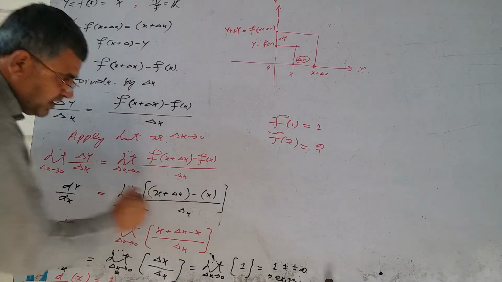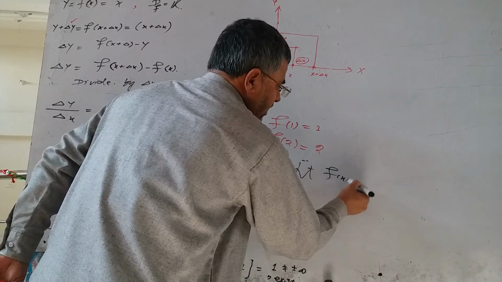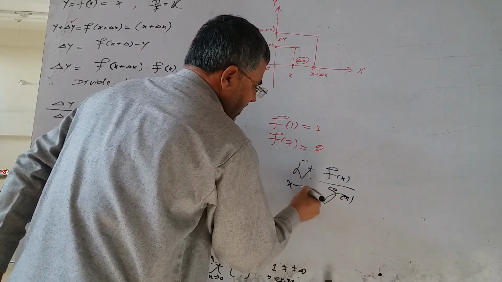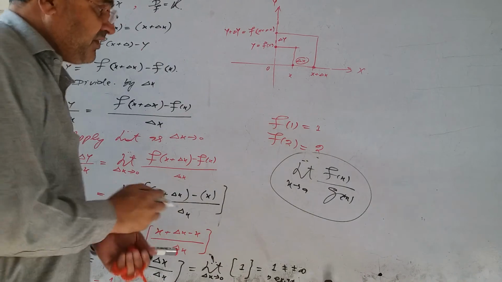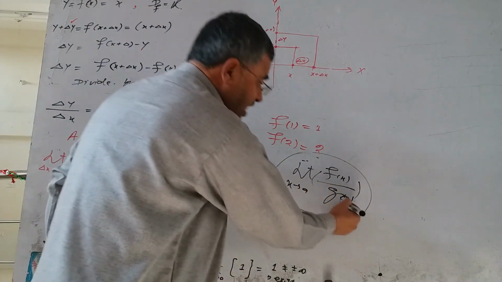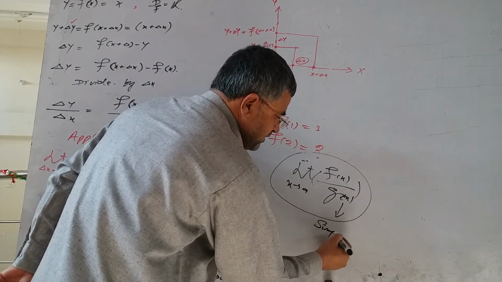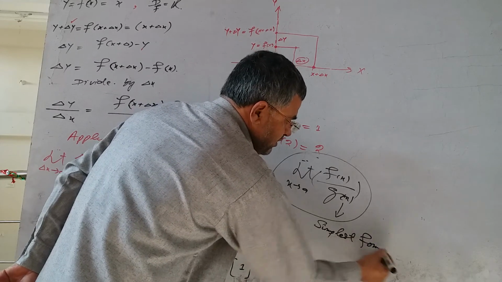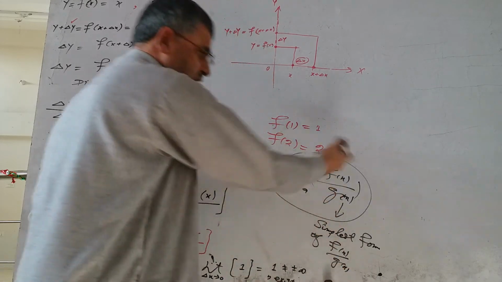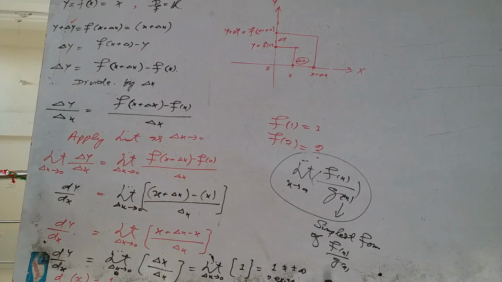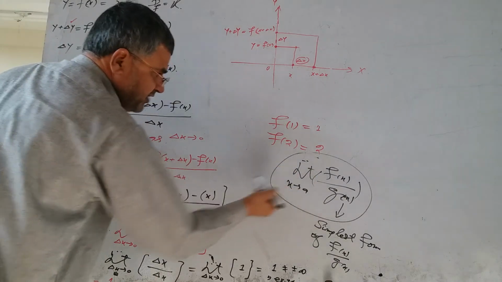And according to the condition of the limit, when the function is in the form of f of x divided by g of x, and we have to calculate the limit of this function, first we write the simplest form of f of x divided by g of x, and after that we apply the limit to calculate the limit of this function at this point.